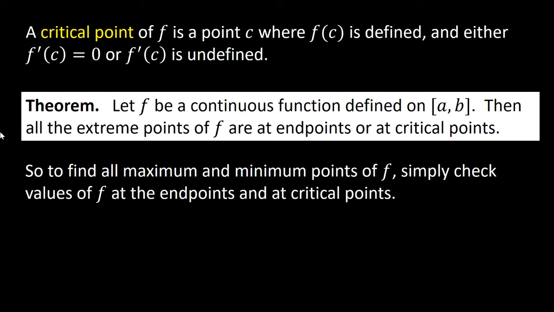So how do you look for max and min values of a function? Well, if it's a continuous function defined on a closed interval, you look at the values of the function at the endpoints, and then you also compare the values of the function at the critical points, the points where the derivative is 0 or undefined.